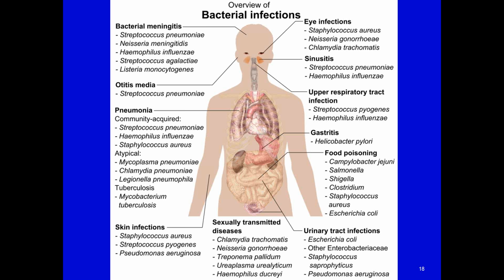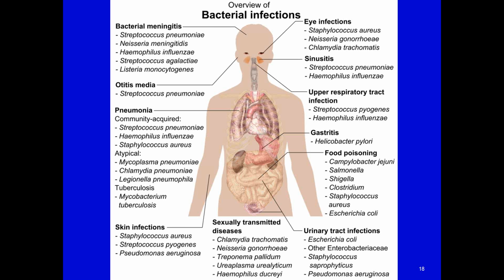Bacterial infections include bacterial meningitis, and those are the bacteria that cause it. Otitis media, which is inner ear infection. Pneumonia can be caused by bacteria as well. Skin infections can be caused by bacteria. Sexually transmitted diseases like chlamydia, gonorrhea, those are all bacterial infections.